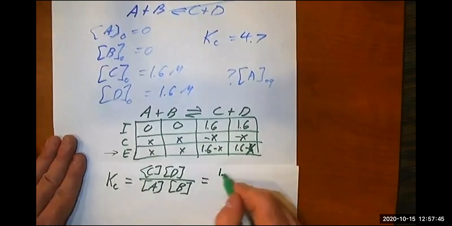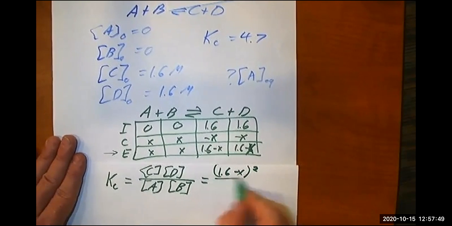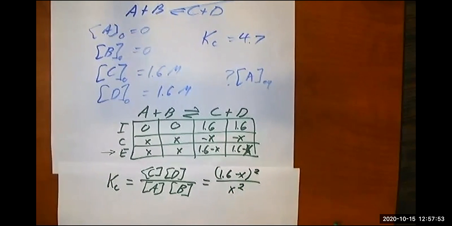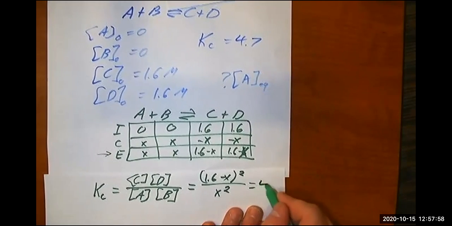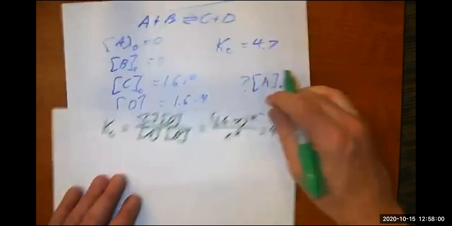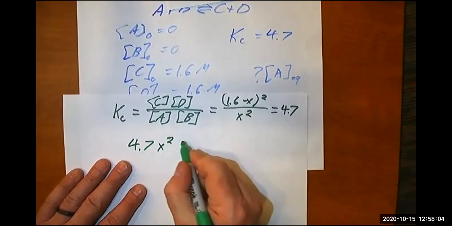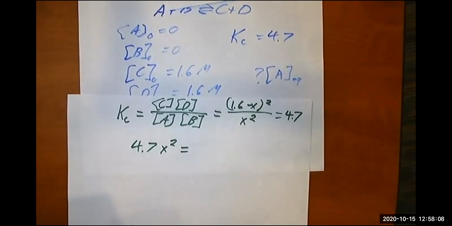So 1.6 minus x for both C and D, so that's going to be squared, over x squared. And we know that this is equal to, we're told up here, 4.7. So 4.7x squared equals 1.6 squared. What is that?